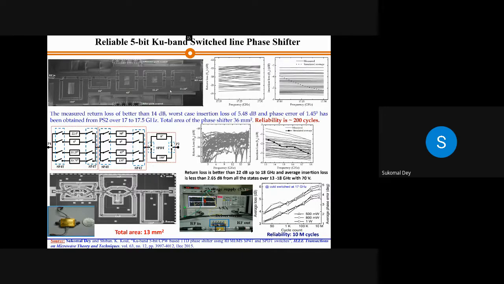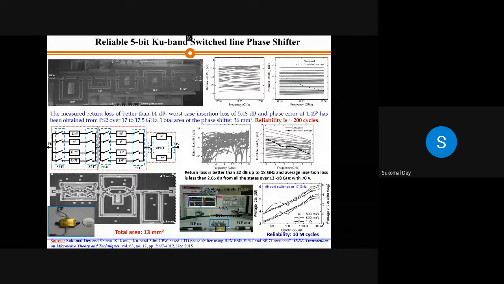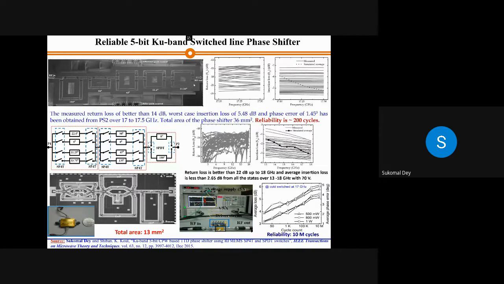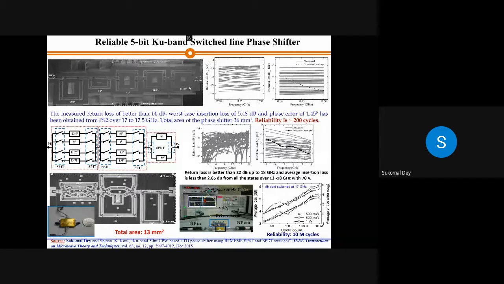Now, the point here is that whenever you are actuating a single switch, after doing one actuation, you can call it one reliability cycle for a switch. Now, coming back to the phase shifter. The phase shifter is a device and you are operating it in a 5-bit configuration. So you can call one cycle of reliability when you have tested your device 32 times, because one 5-bit phase shifter gives you 32 states, 2 to the power 5.